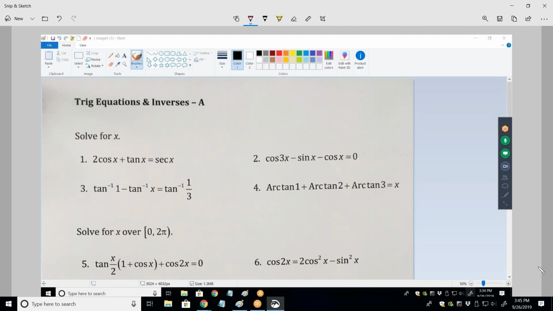Let's look at number 2. These are always tough because we don't have any identities for cosine of 3x. So I've got to do something with that. The way I would go about trying number 2 would be to separate it like this.